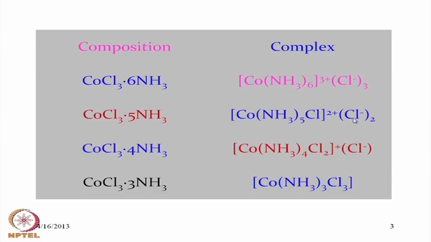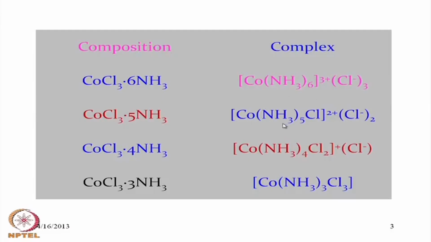The nature of these Cl groups is different. The first one forms a direct cobalt-chlorine bond, present in the first coordination sphere, which cannot be removed by reacting with silver ion, but the 2 other Cl minus are present in the second sphere, which can be removed by silver ion as silver chloride.